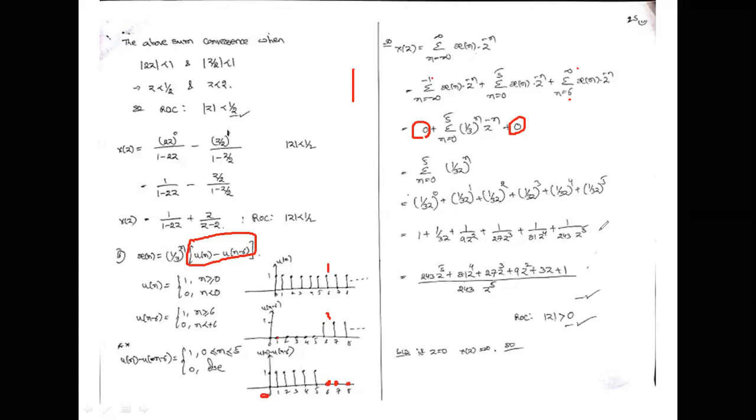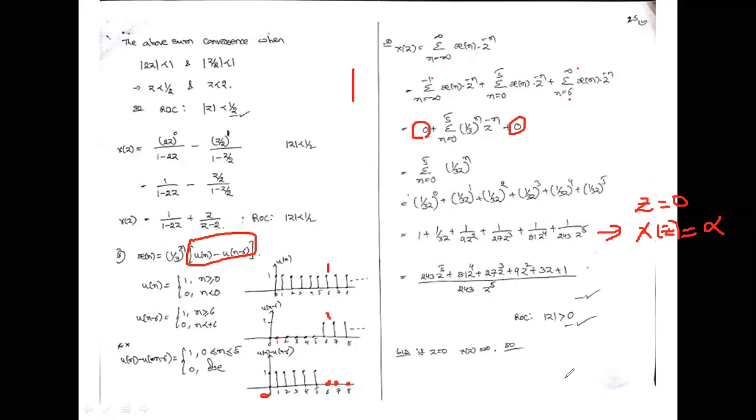Simplify it. If in this equation you substitute z equal to 0, what happens here? 1 plus infinity, because 1/0 becomes infinity. X of z does not exist. X of z is equal to infinity.